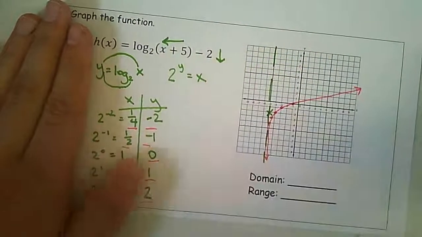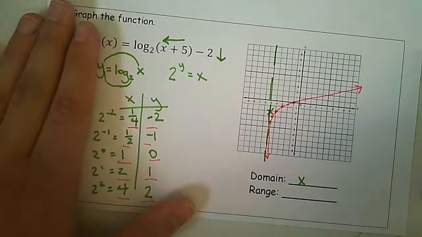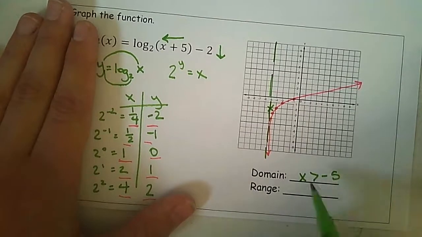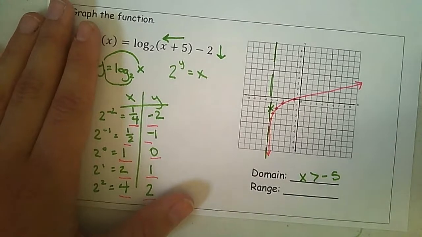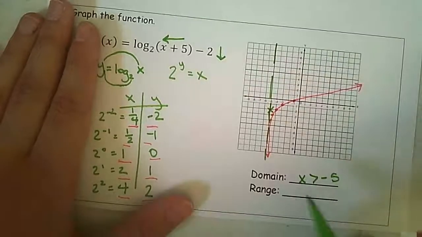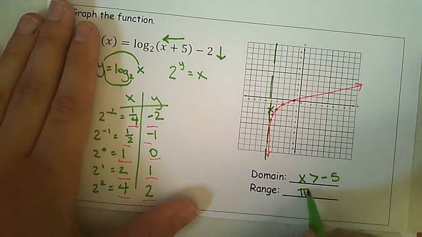They stop at -5. So we want the x values that are greater than -5. But again, it can't be equal to because it will never be at -5. And then our range, we have every single y value imaginable. So our range is all reals.